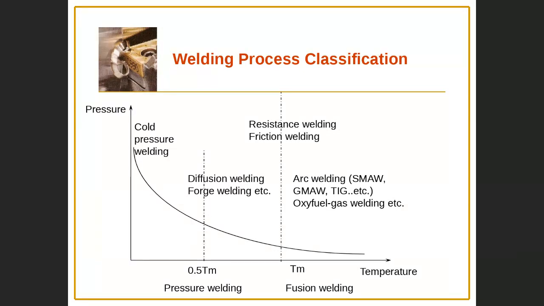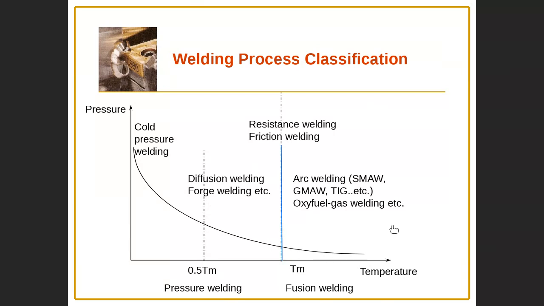If the temperature increases up to the melting temperature, actually there is no need for pressure at all, just only to fix the two parts that you would like to melt. You melt, you get a liquid mix, and then the weld is done.